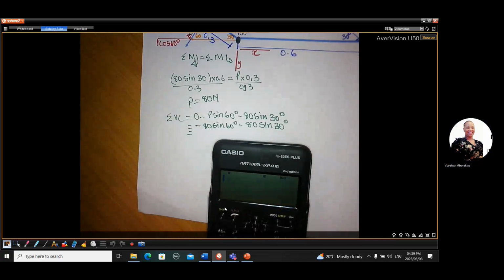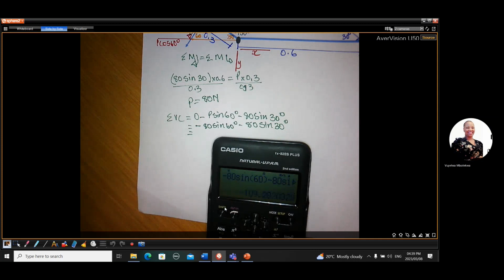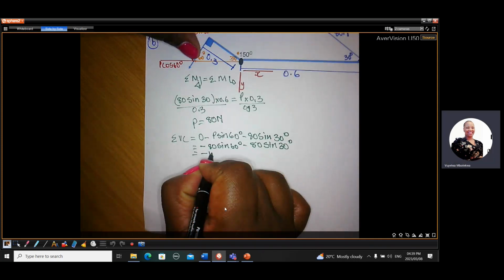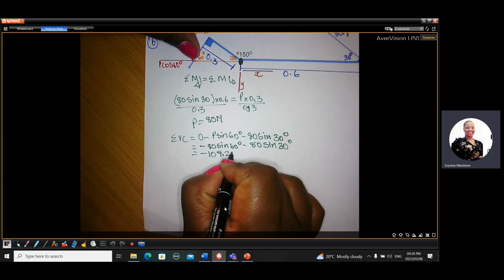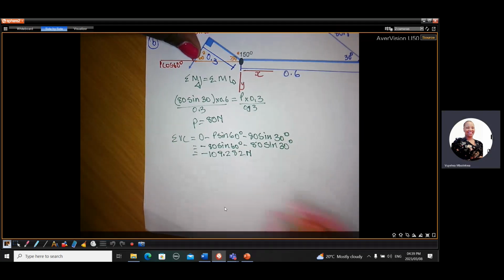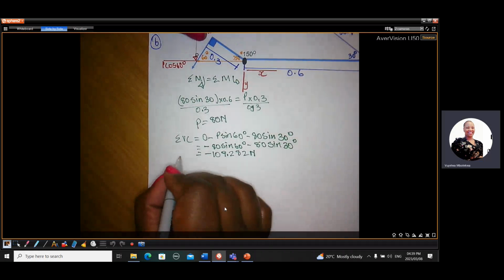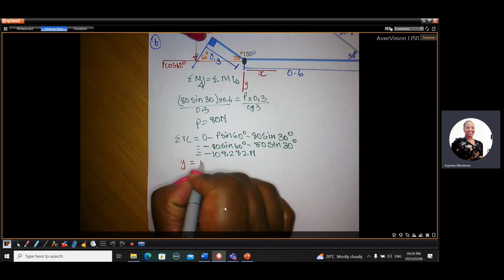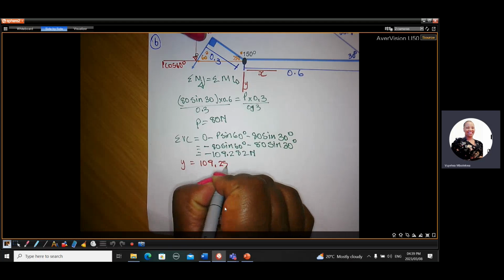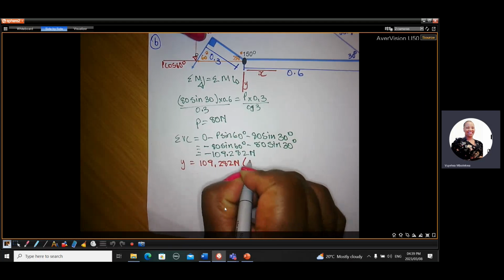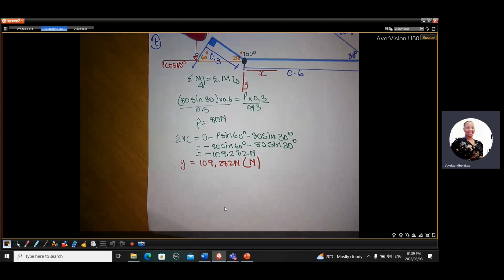Right, so 80 sine 60 minus 80 sine 30 gives minus 109.282 newtons. So this means the Y force will be a positive 109.282 newtons, meaning it's going to go north.